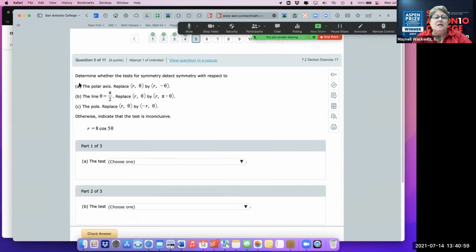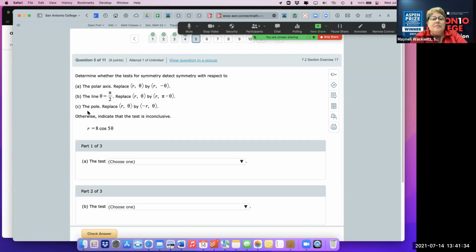If we replace theta with pi minus theta and nothing changes, then it's symmetric with respect to the line that looks like the y-axis, the line at pi over 2. Well, we don't have any thetas, so we're definitely going to be symmetric also with respect to this y-axis, which makes sense with the circle.